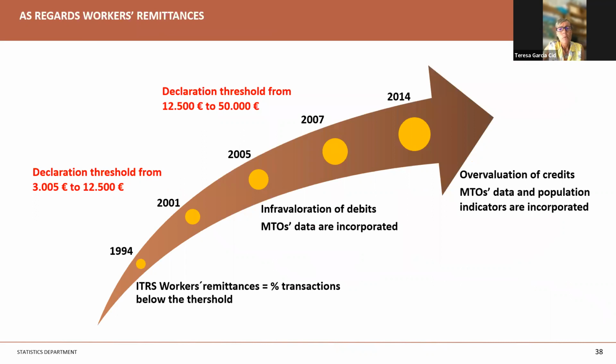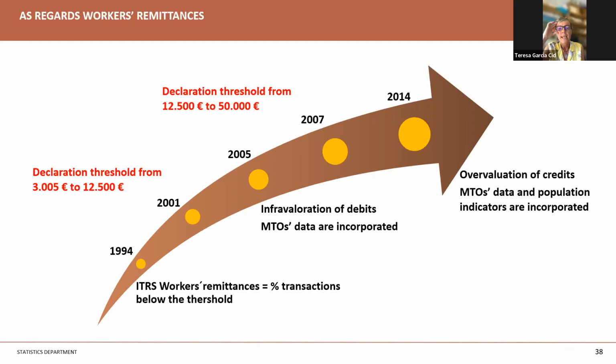As regards remittances, this type of transaction, given that they usually relate to small amount transfers, was initially estimated as a percentage of the transactions below the declaration thresholds. At the beginning, this threshold was 3,000 euros.